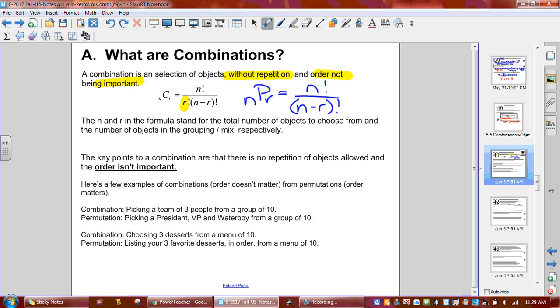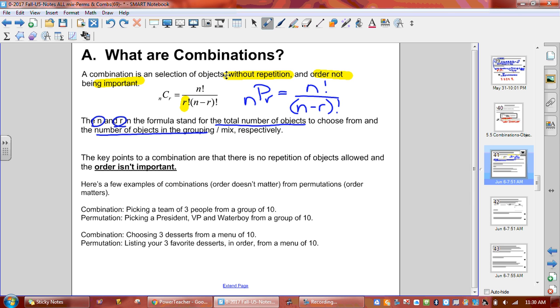The only difference, like I said, is we also divide out the r factorial, okay? And that's considering dividing out possibilities of repeats, because remember, we don't consider repeats with combinations. The n and r in the formula stand for the total number of objects to choose from, the n, and the r is the number of objects being grouped or mixed, okay? The key points for combinations: there's no repetition and order is not important.